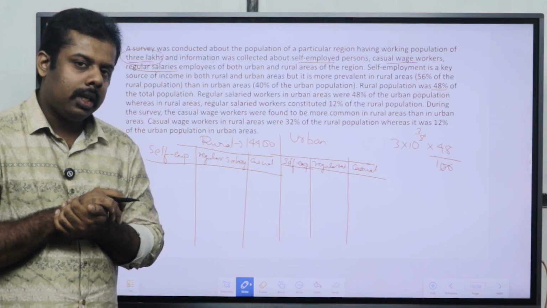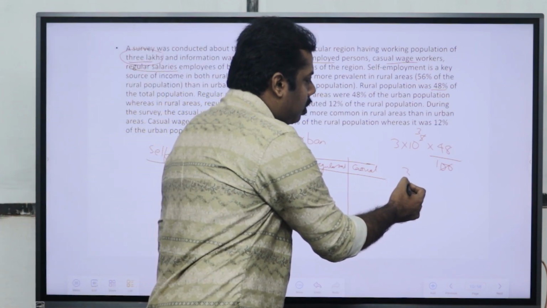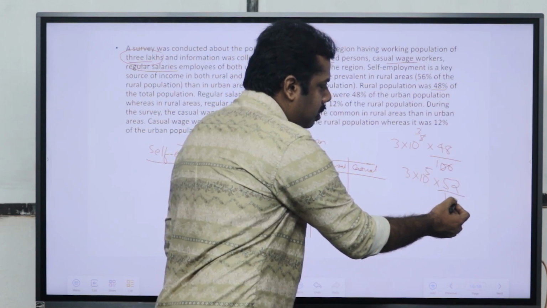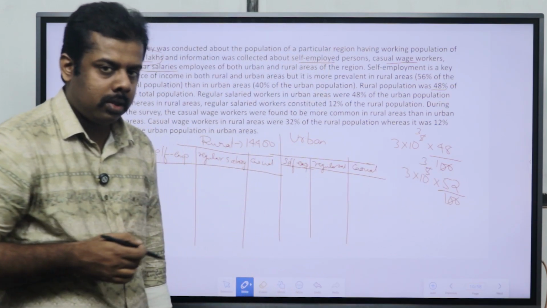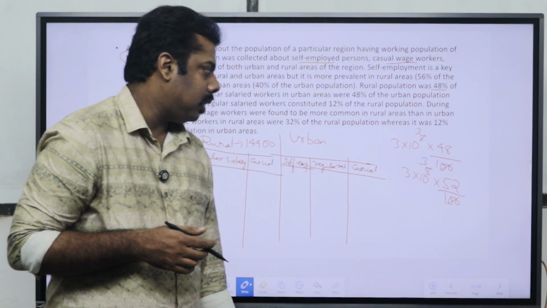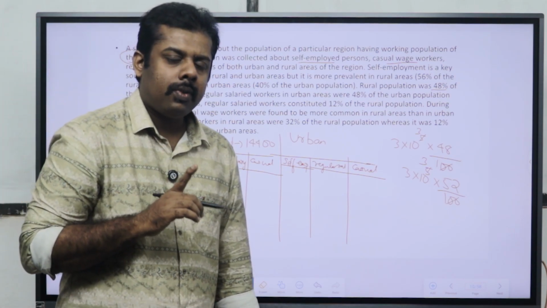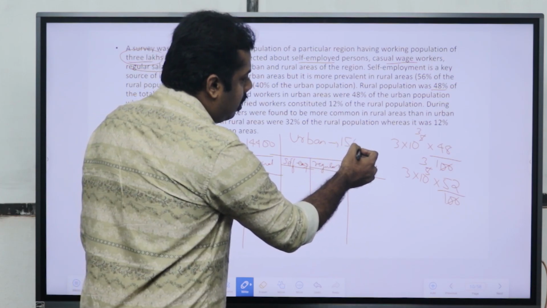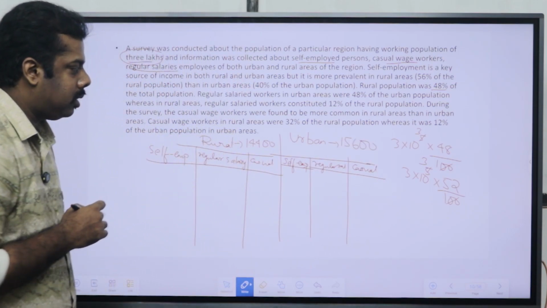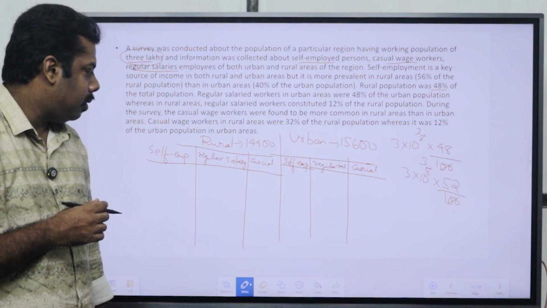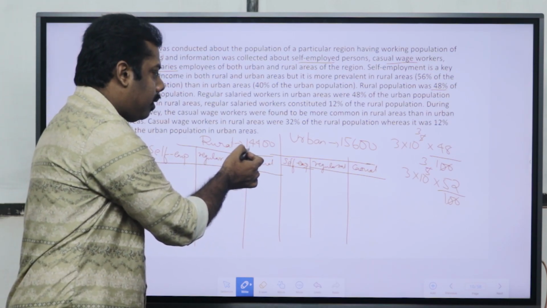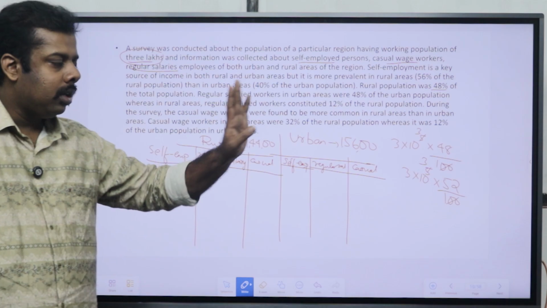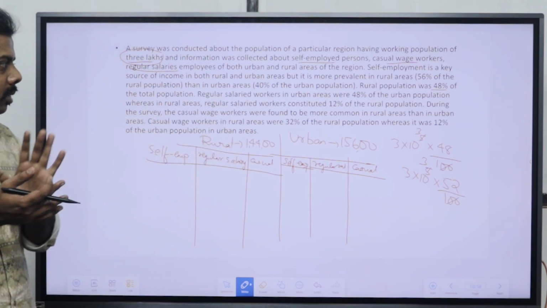Either way you get the answer. 3 into 10 raised to 5 into 52 by 100, cancelling the zeros gives 10 raised to 3. 52 into 3 is 156, giving 1,56,000. So the total urban population is 1,56,000. Adding 1,44,000 and 1,56,000 gives 3 lakh, so that is sorted out.